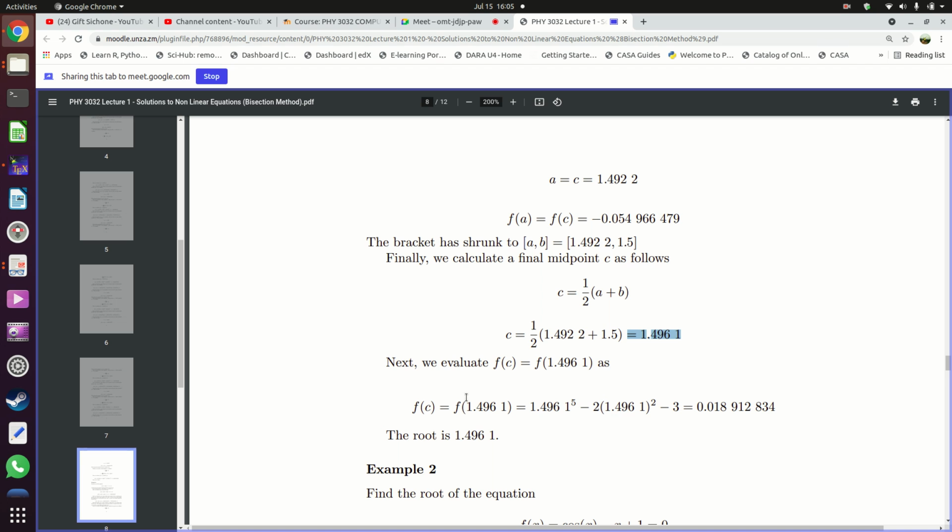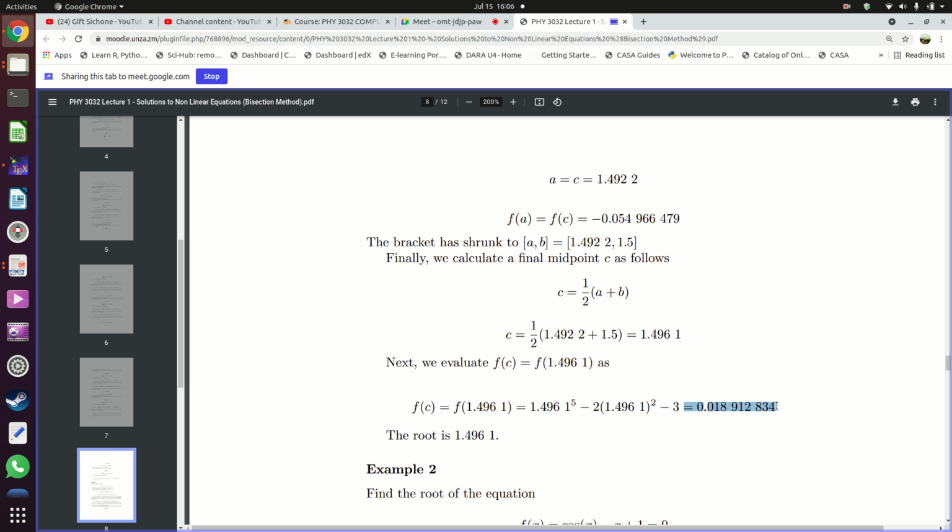So you work out f of C, which is equal to f of 1.4961, which is 1.4961 to the power of 5 minus 2 times 1.4961 to the power 2 minus 3. This is going to give you 0.018912834.